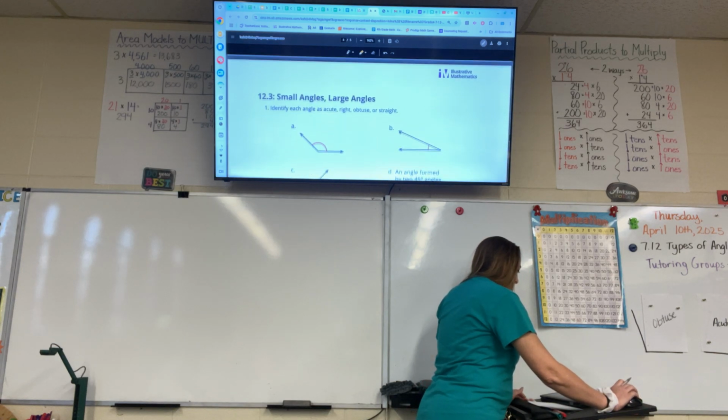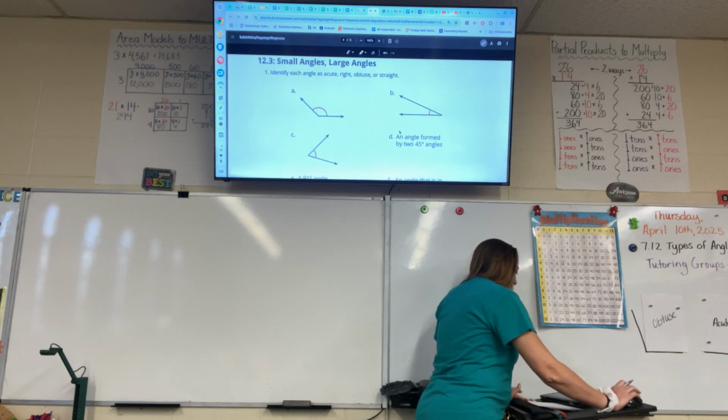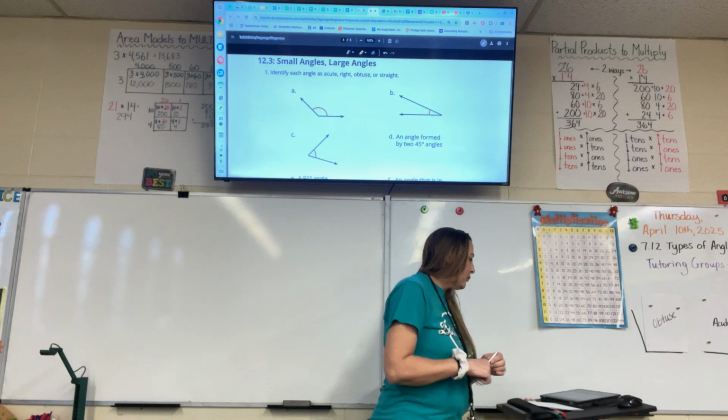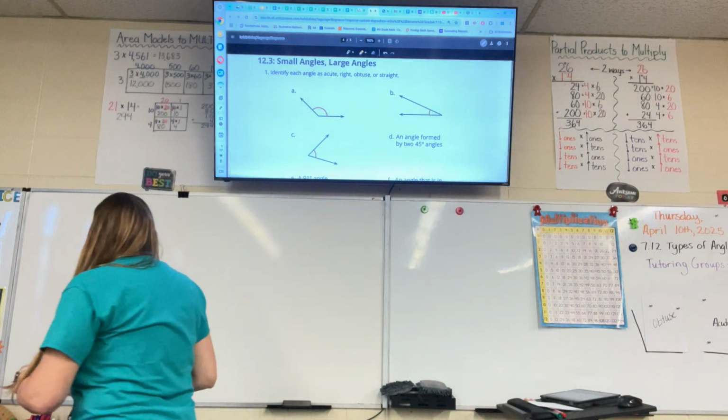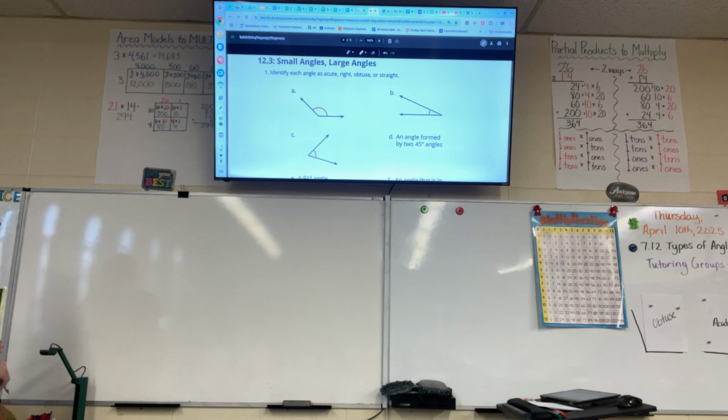Next, small angles and large angles. Identify each angle as acute, right, obtuse, or straight. I'm going to pull sticks. What kind of angle is A, Devin? Let me come over and show you something, Devin. If I put this little post-it right here, you see how this shoots out?